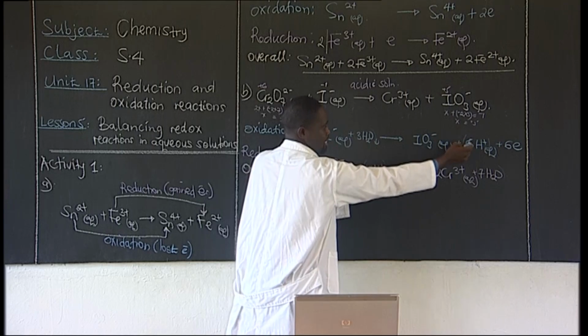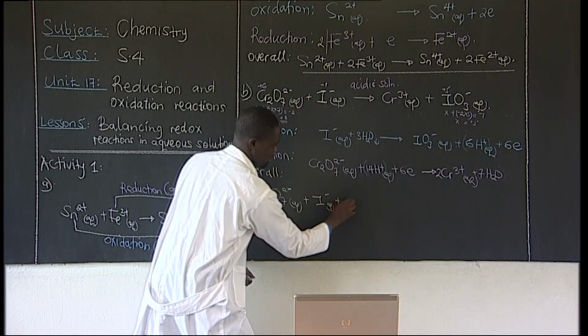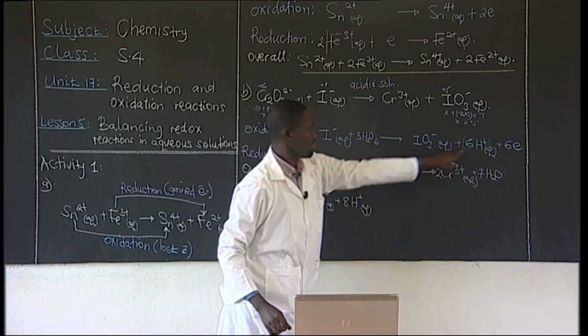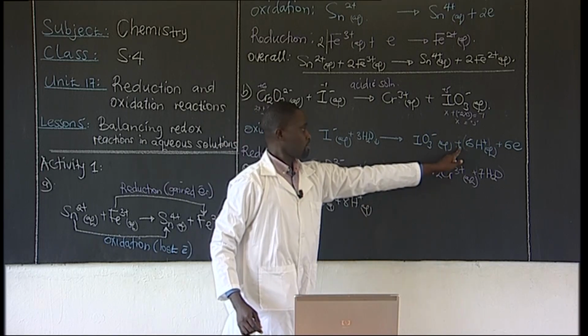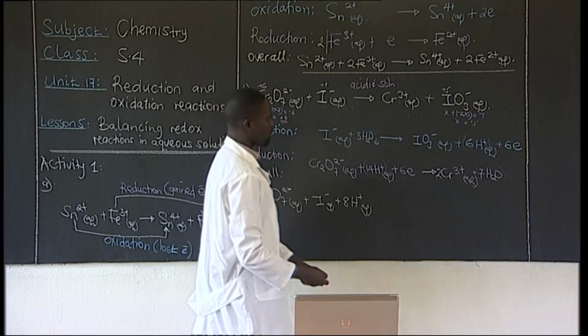So it will be 14 minus 6, which gives us 8 hydrogen ions. Bring this to here. It becomes a negative because it has crossed our arrow sign.